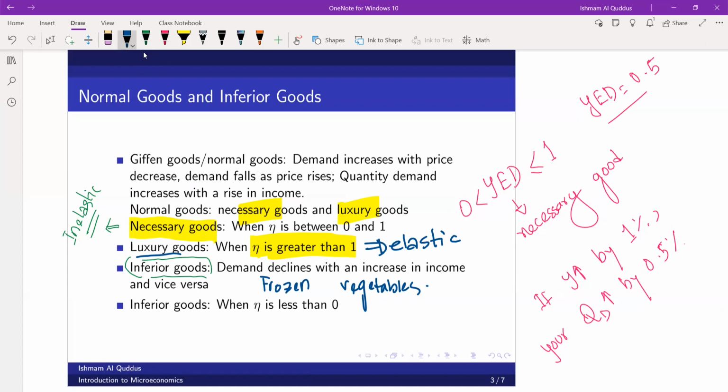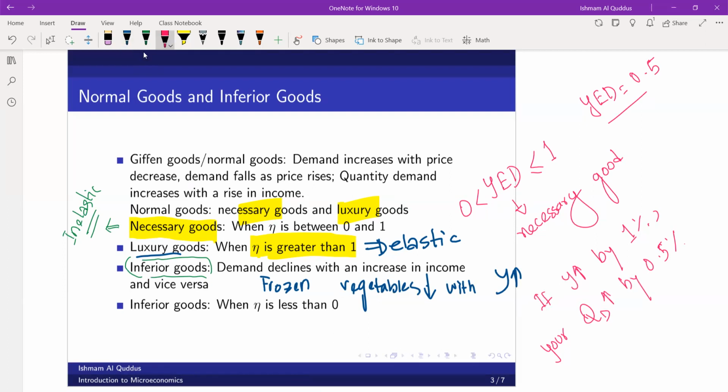Now you can afford to buy fresh vegetables. So quantity demanded for frozen vegetables will actually fall if your income increases.